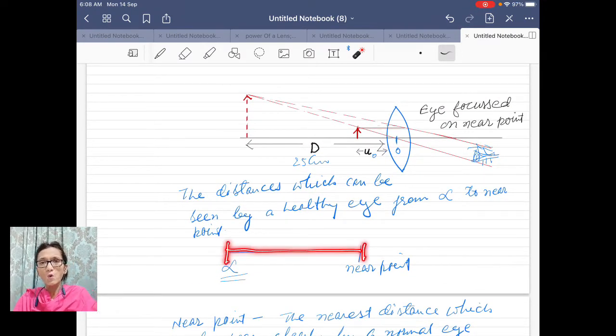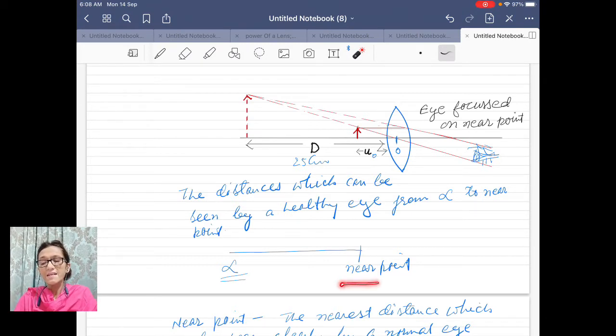Now you will notice while seeing a very far object, like any building or any tree in an open field, that your eye is least strained. You just leave your eye and you see. There is no strain in your eye. But when you read something from a newspaper or any paper, you will find that some strain is felt.